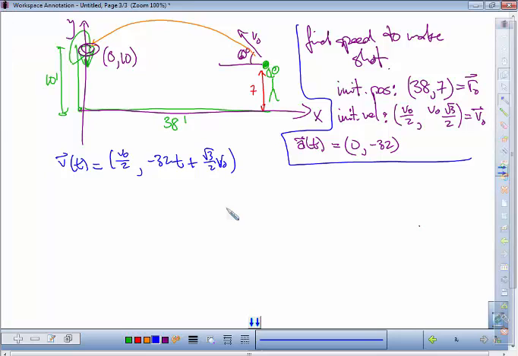Did I do something? Oh, in feet per second. Because we're dealing with feet per second squared. We're dealing with feet now instead of meters.